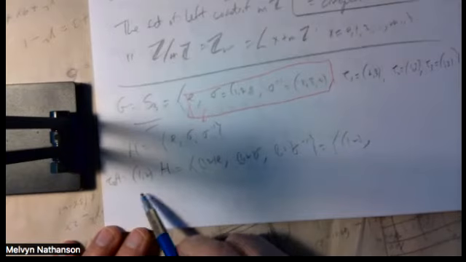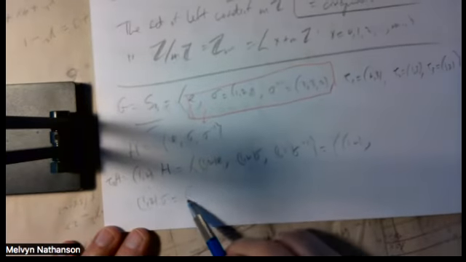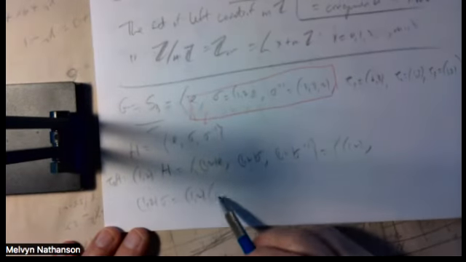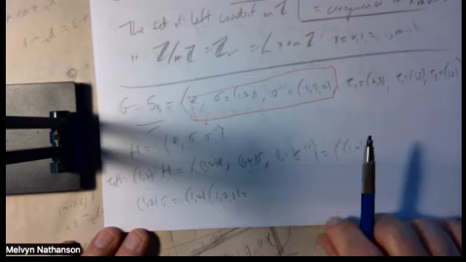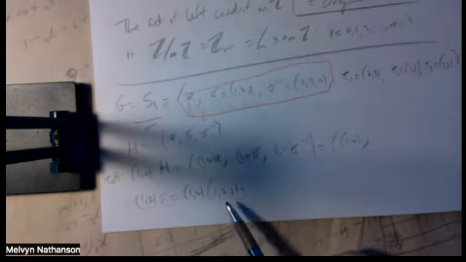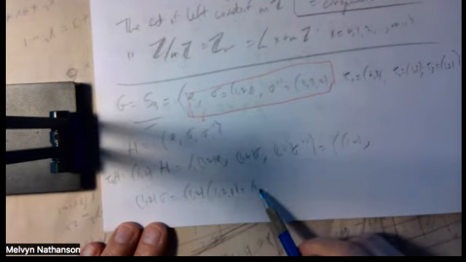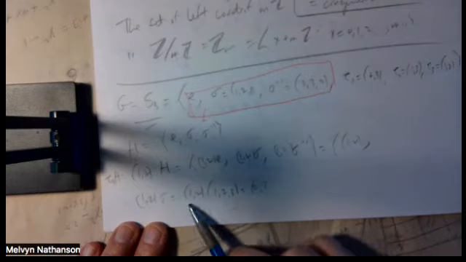What is (1 2) times sigma? That's (1 2) times (1 2 3). What is this permutation? This sends 1 to 2 and 2 back to 1. So 1 goes to 1, so I don't even need to write that down. This sends 2 to 3. This sends 3 to 1 and 1 to 2. So (1 2) sigma is (2 3).